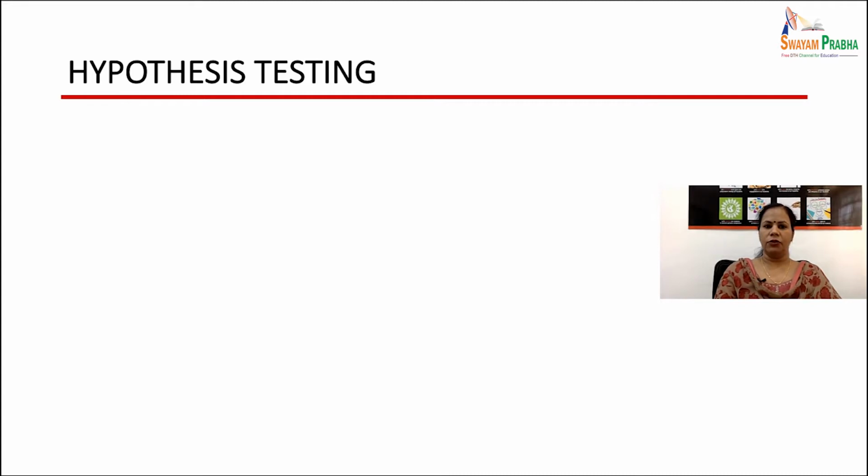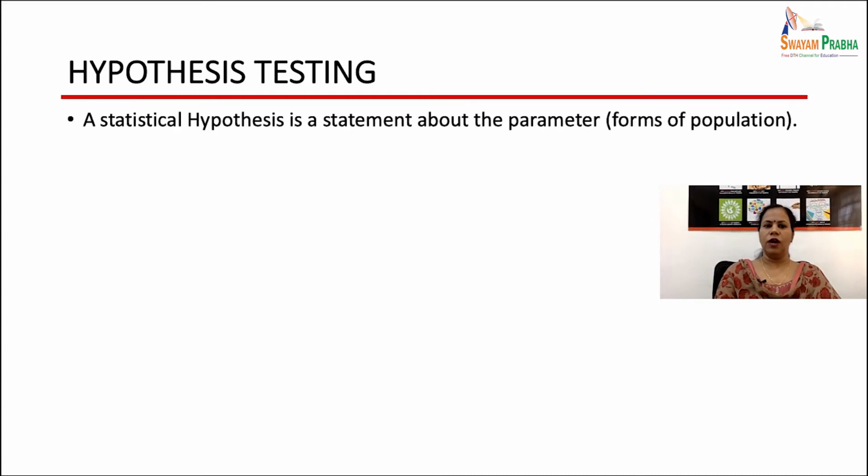Now let us talk about hypothesis testing. Whatever hypothesis we make, as we said earlier, is a prediction of the outcome, and it is made from the point of view of the population. A statistical hypothesis is a statement about the parameter, that is the forms of the population.